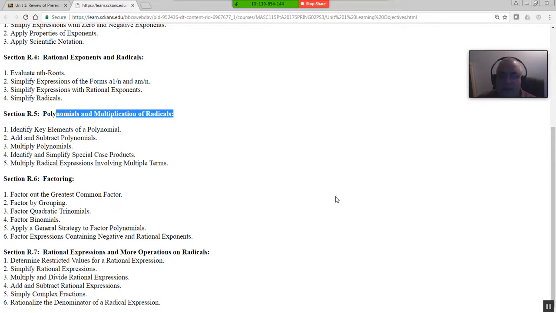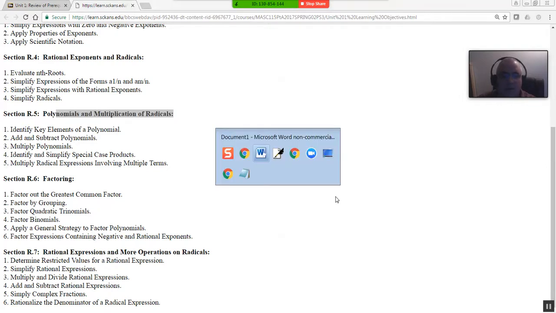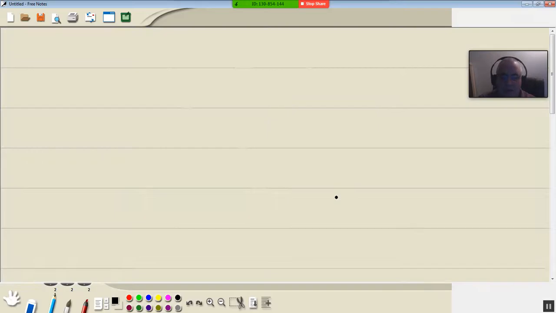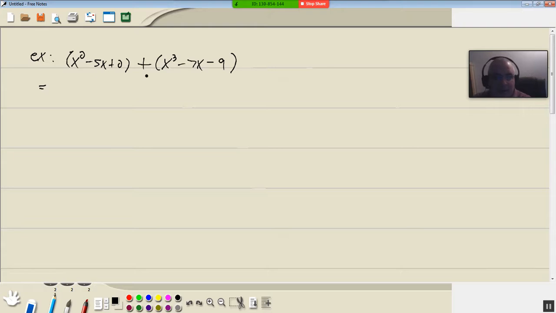Now, first thing it talks about is adding and subtracting polynomials. So let's talk about that. If we had x squared minus 5x plus 2, plus x to the third minus 7x minus 9. This is adding polynomials.